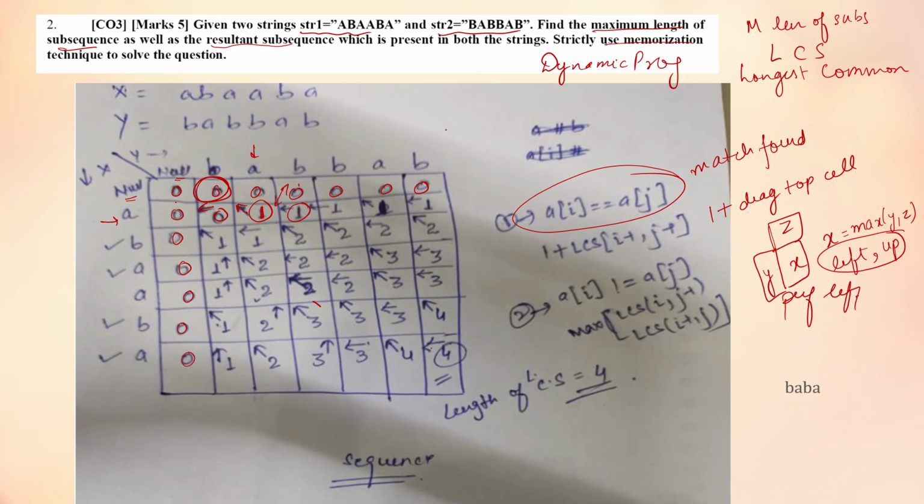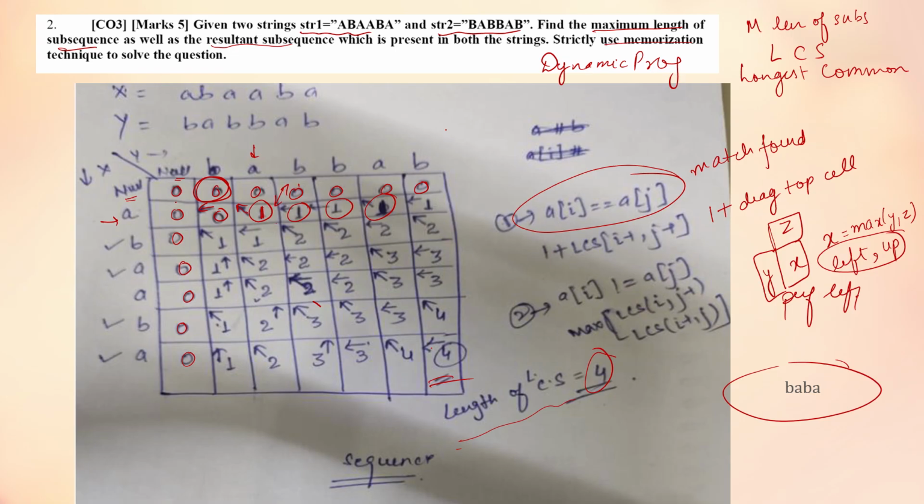So 1 comes here, arrow drawn. And similarly, when you complete this, you will reach your answer. Now the length of the longest common subsequence will be 4, and the sequence will be BABA, B-A-B-A.